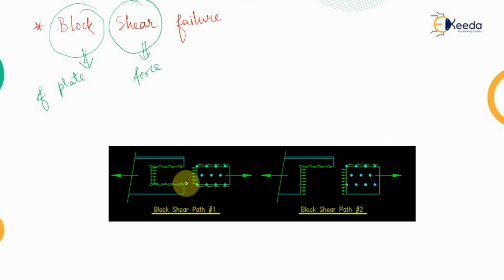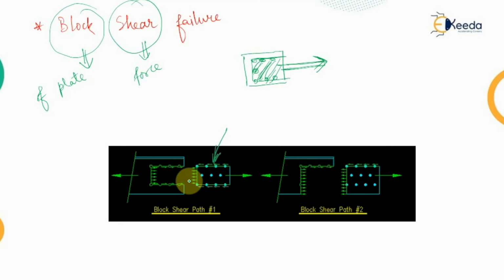As you can see from the diagram, let's say this was the plate which was provided, this was the connection, and this was another plate connected through the bolts here. Now if in this plate the entire block of the plate which is present between the bolts moves out with the force applied, then that type of failure is known as the block shear failure.